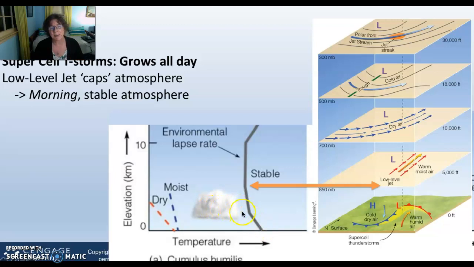This is a stable atmosphere that was losing temperature as altitude increased, and then a warm radiant emission overnight warmed the atmosphere above and put a lid on this so that it will prevent a lot of cloud development during the morning.